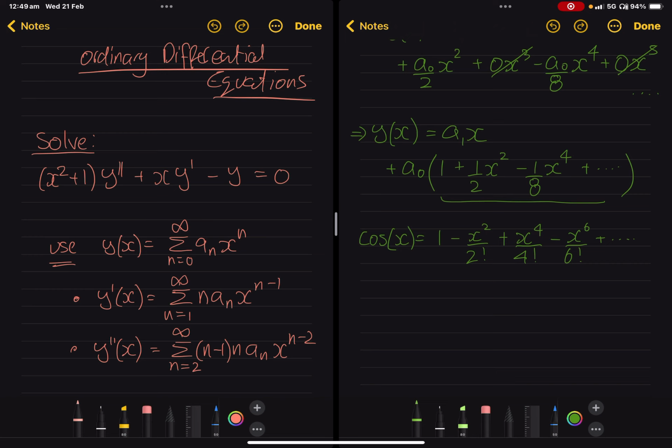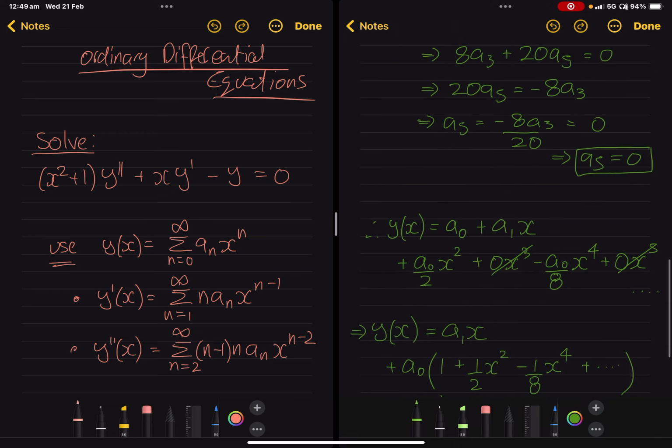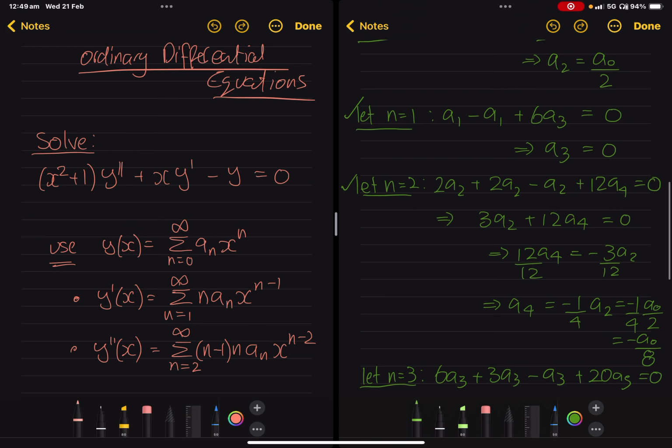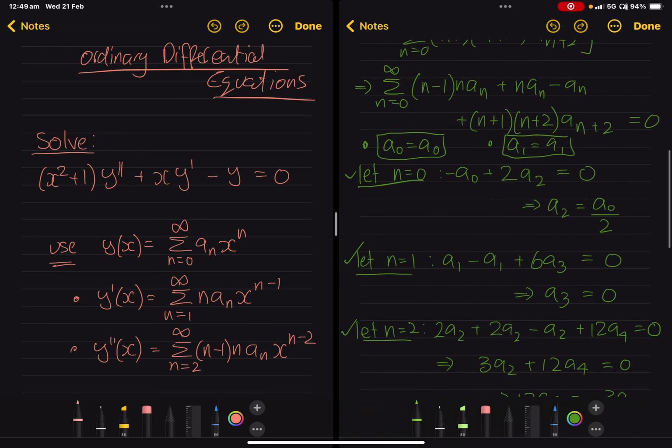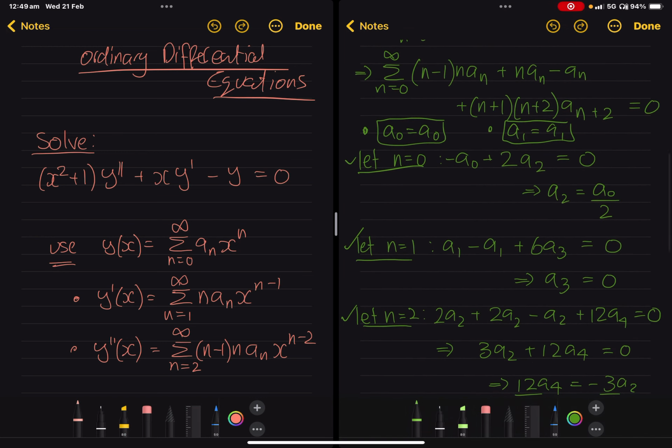Now this could also be an indicator that we have a mistake in our working. So we'll quickly come back up here and check our working. We said a0 was a0, a1 was a1. When we let n equal 0 from our expression, the first two cancelled, we got minus a0, and then we got 1 times 2, a2, so we got minus a0 plus 2a2 is 0.